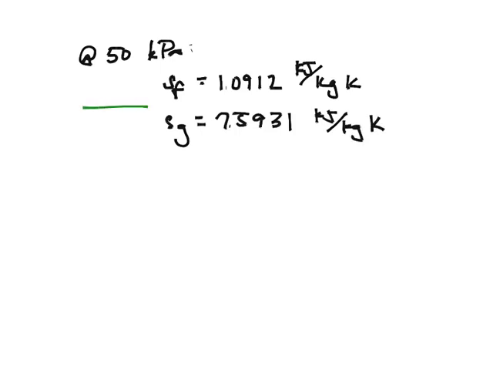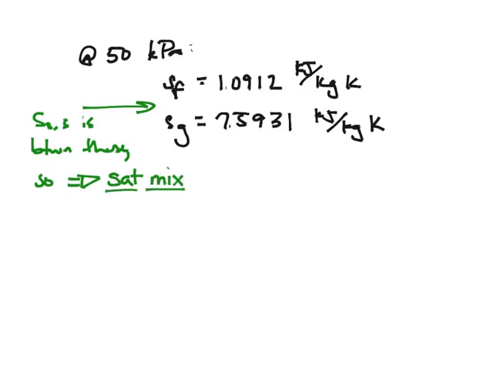So what we see is that our S2 for the isentropic operation is between these. So we know that if we were operating isentropically, we would have a saturated mix at the outlet. Okay.